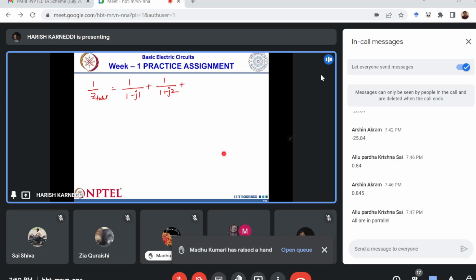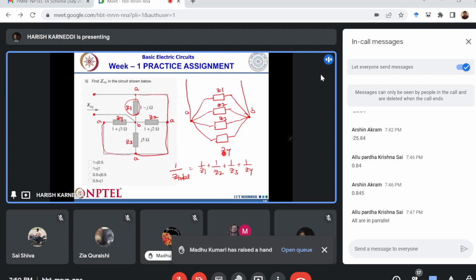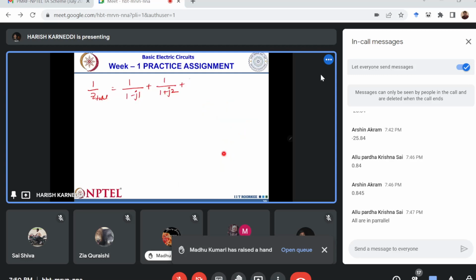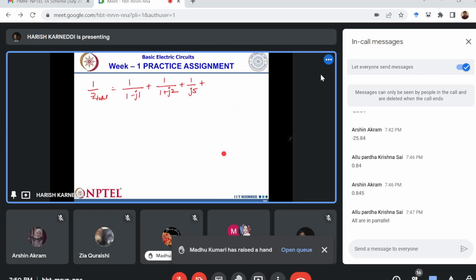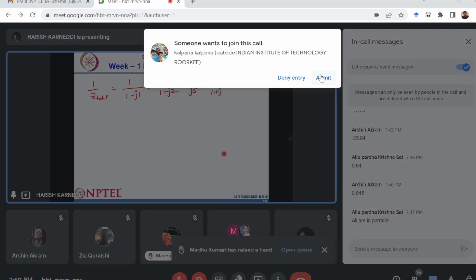What about Z3? Z3 is j5, so 1 by j5 plus, what about Z4? It is 1 plus j3, so 1 by (1 plus j3).